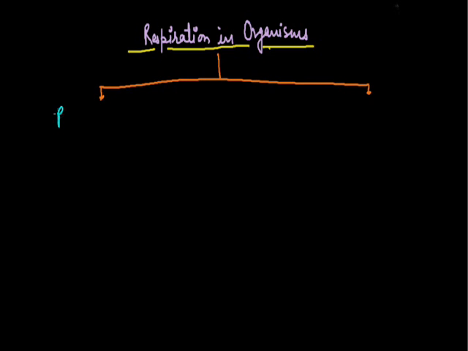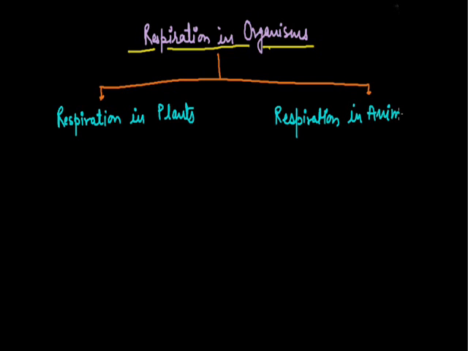If you see respiration in organisms, it can be further classified as respiration in plants and animals, because plants and animals have different kinds of tissue, so they have different mechanisms and different structures for the respiration process. That's why we will discuss this in plants first and later in animals. Today I am going to discuss respiration in plants.